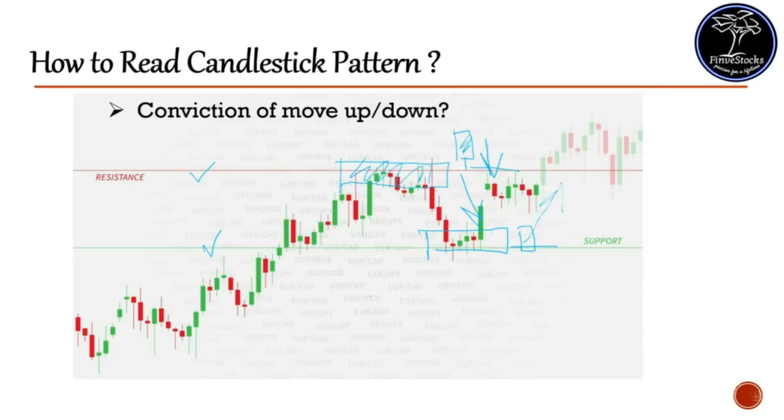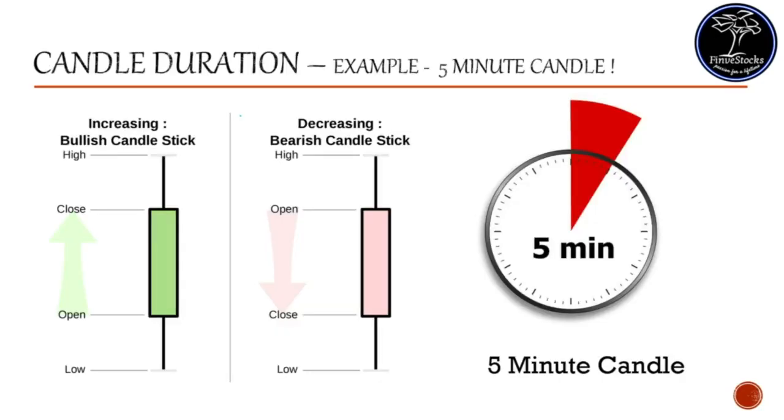Similarly, for conviction, we can use other methods such as moving average, trend line, etc. Now let's see how a candle is plotted over a particular duration. Here in this example, we use a 5-minute candle. In this particular example, the stock opened at a price over here. From there, it starts moving down to a low point.